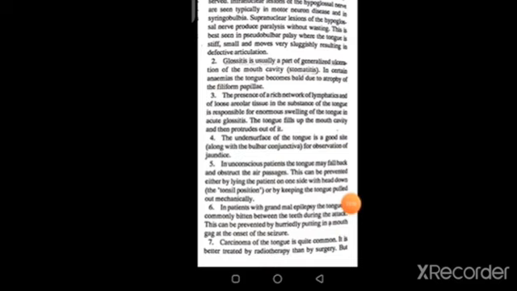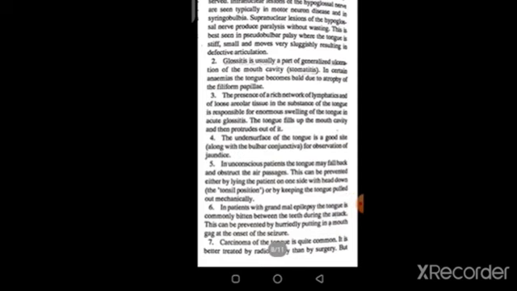Now the applied anatomy of the tongue. When there is injury to the hypoglossal nerve, it produces paralysis of muscles of the tongue on the side of the lesion. If the lesion is infranuclear, there is gradual atrophy of the affected half of the tongue, that is called hemiatrophy.